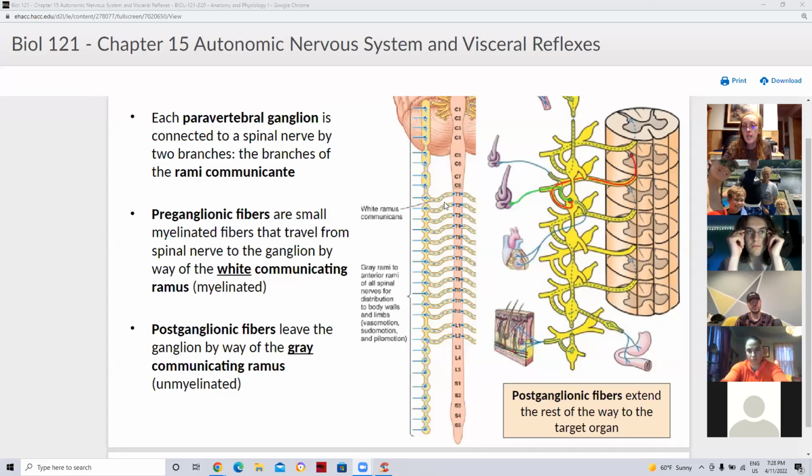The preganglionic fibers are small fibers that travel from the spinal cord to the ganglion by way of their white communicating ramus. Remember, white always means myelinated, gray means unmyelinated. Postganglionic fibers are going to leave the ganglion by way of the gray communicating ramus.